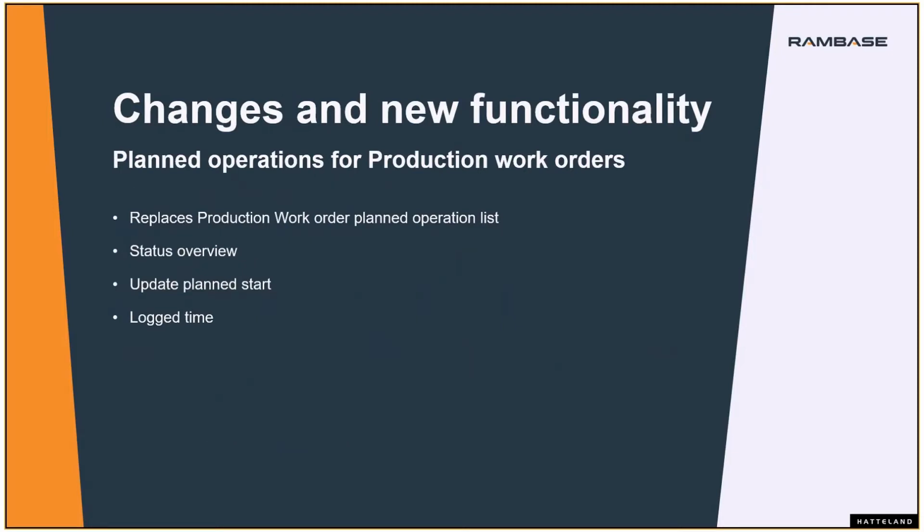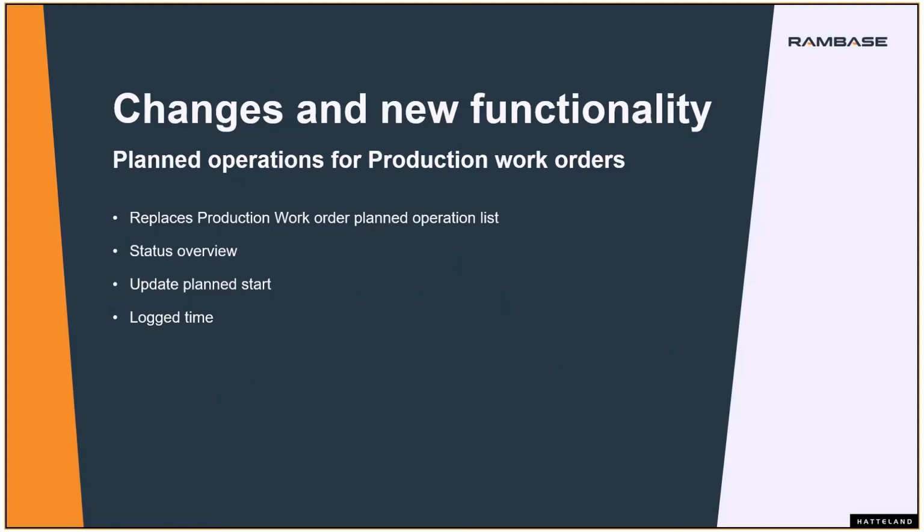The first topic is planned operations for production work orders. This will replace the existing planned operation list on production work orders. We have updated the design and added some new functionalities. First off, the status overview will be presented with a bit more details compared to before.